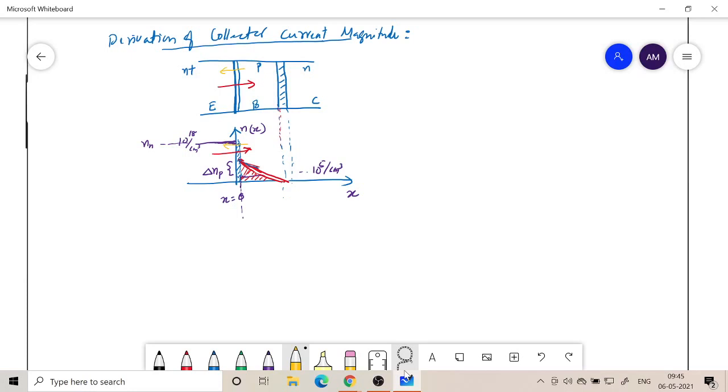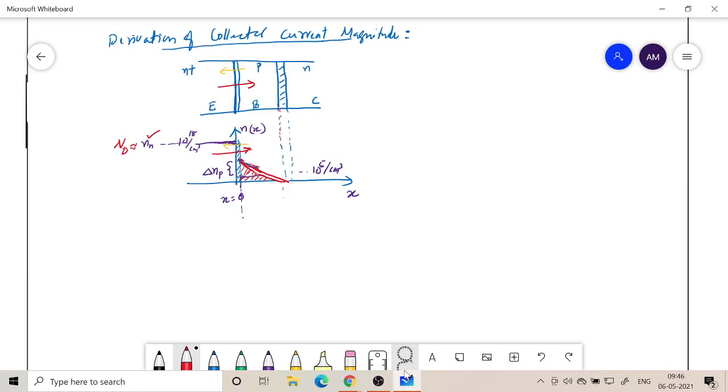Since there is going to be a large concentration of electrons in the emitter region, I have denoted here N_N, that is the electron concentration in the N side, and it is heavily doped, and therefore it is of the order of 10 raised to 18 per centimeter cube. So it is roughly equal to N_D, which is the donor impurity concentration.